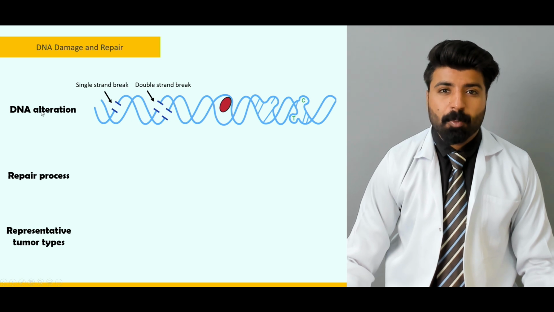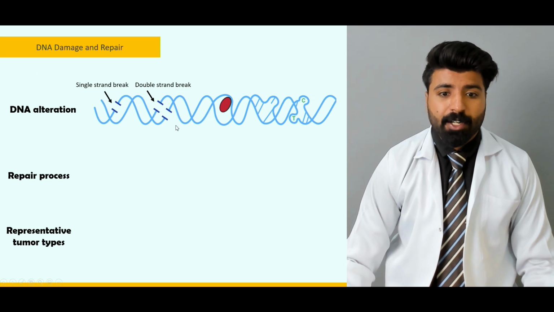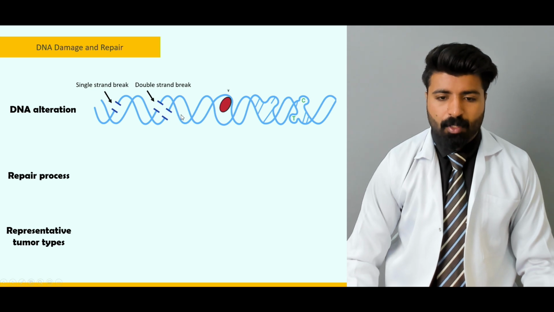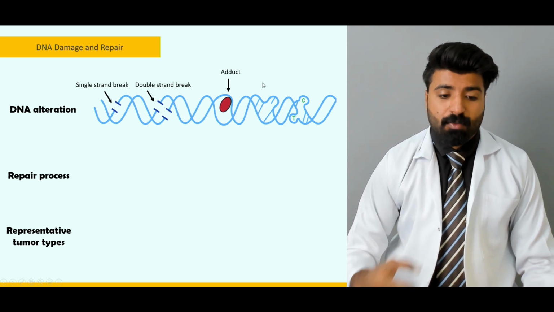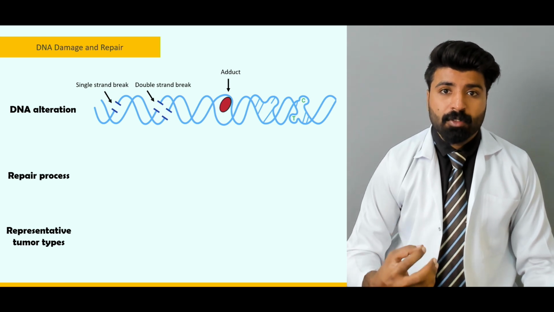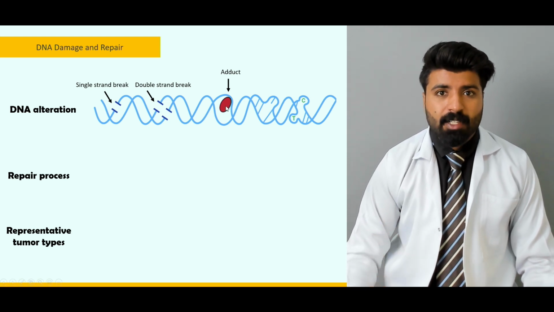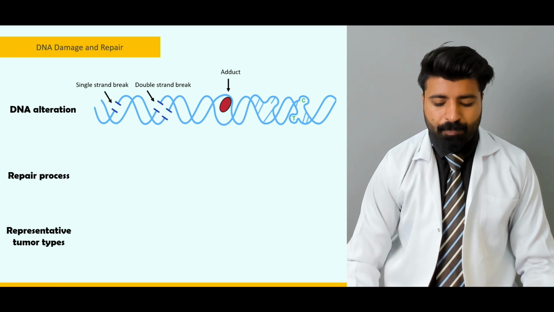So first of all, let's talk about what kind of DNA alterations we're talking about. We have single-stranded break, and we have double-stranded break, in which both strands of the DNA are damaged and broken off. Then we have adduct, in which a foreign material or foreign nucleotide is added and affects the adherent part of the chromosome.